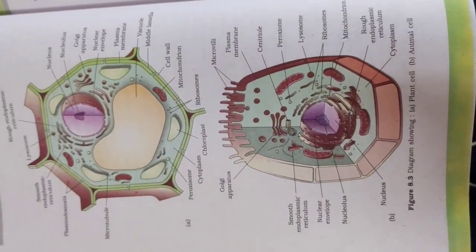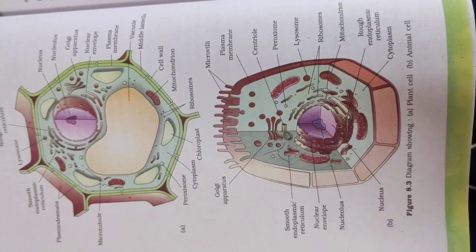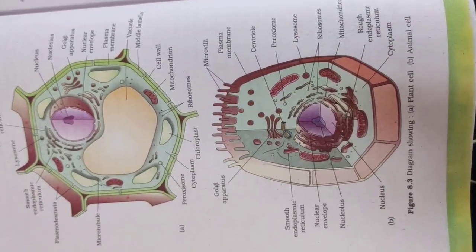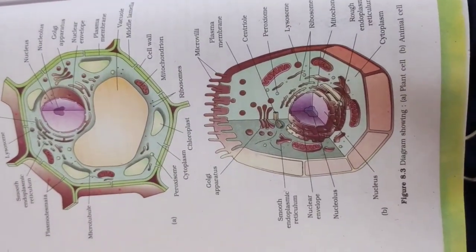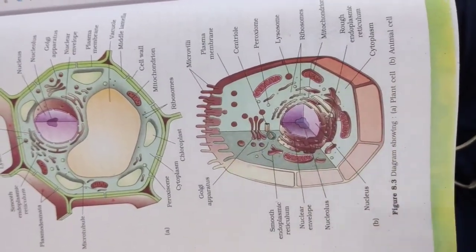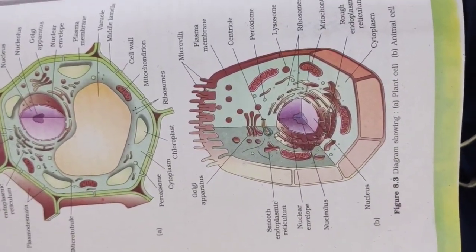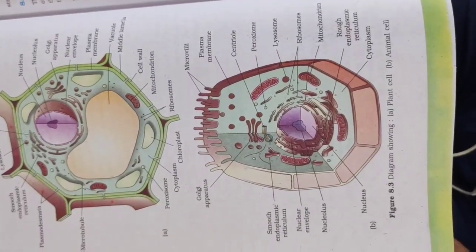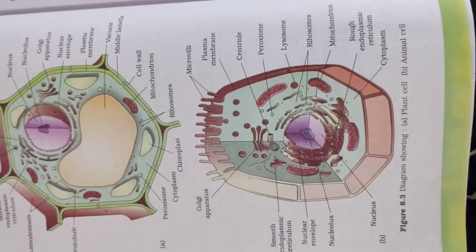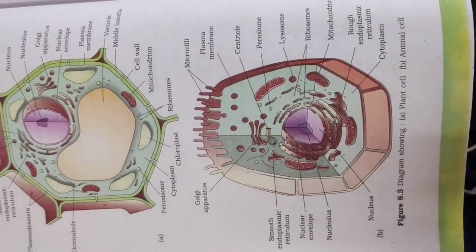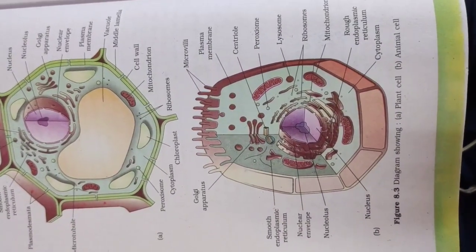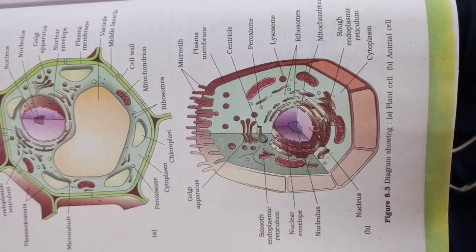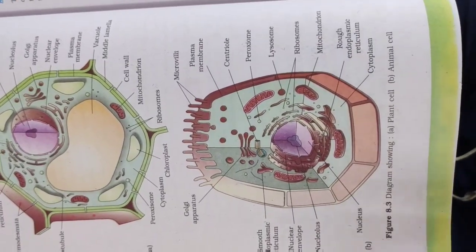Now let us see the differences between the plant cell and the animal cell. The major difference is that the plant cell has a large vacuole, whereas the animal cell lacks a large vacuole. Vacuole is either absent in animal cell, or when present it is very small. Second, there is a cell wall in the plant cell, and the animal cell does not have a cell wall.